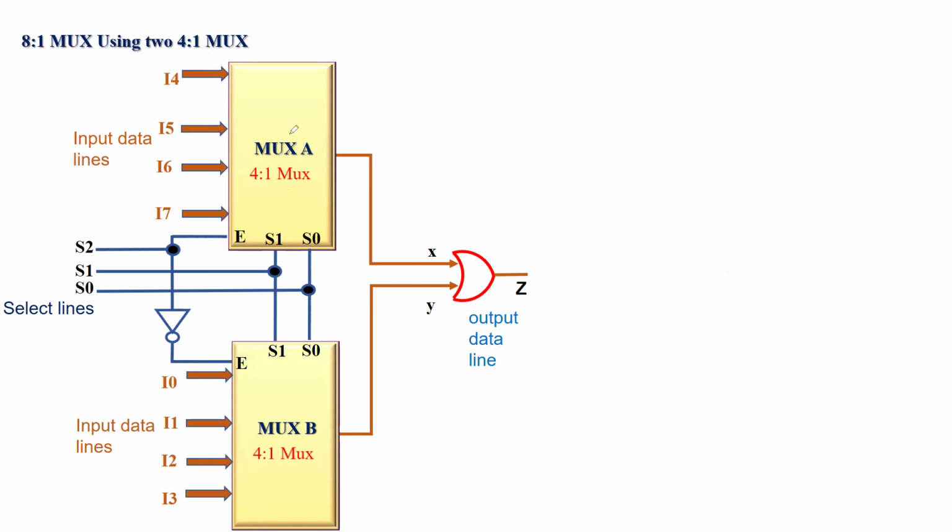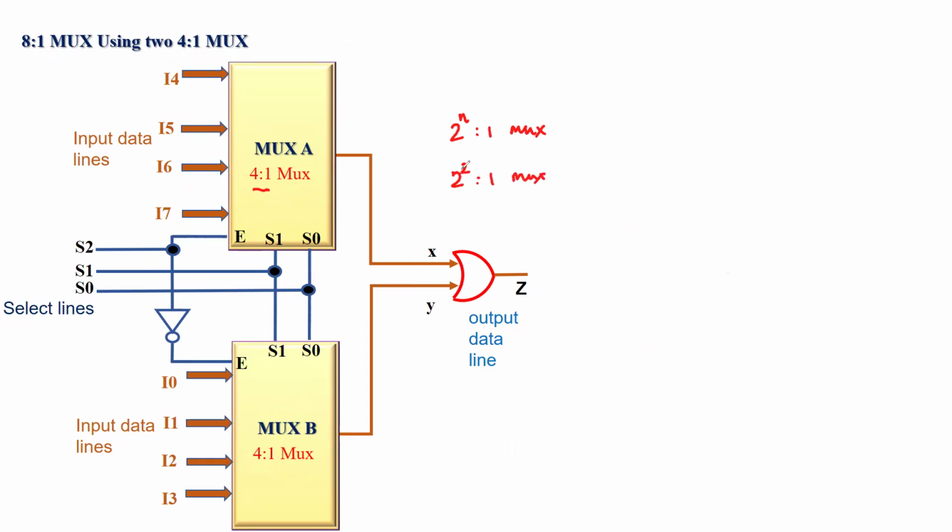So here we see that you've got again two MUX A and B, but now they are each 4:1 MUX. As the definition says, you have got 2 to the power n to 1 MUX, and if it is a 4:1 MUX, that means it is 2 to the power 2 to 1 MUX.